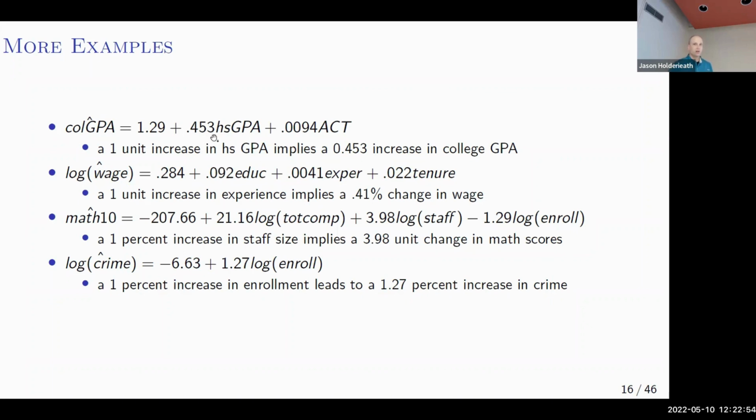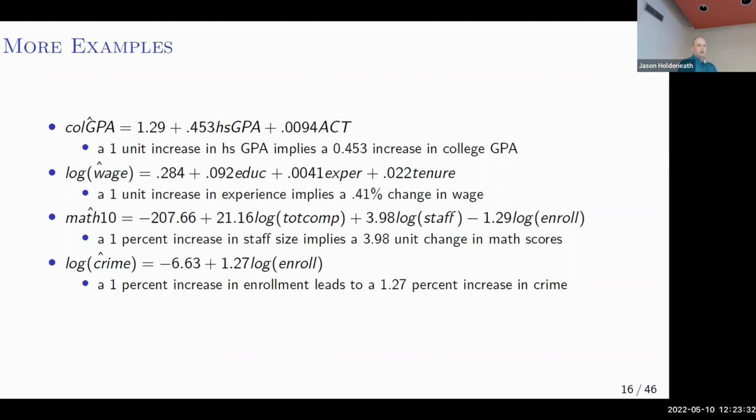If we did a log transformation of the wage, so say we were trying to explain wage, and we took the natural log of each of the values of the wages that we have, and then used that natural log of the wage as our dependent variable, we could have this regression estimated, where log wage is equal to 0.284 plus 0.092 education plus 0.0041 experience plus 0.022 tenure.